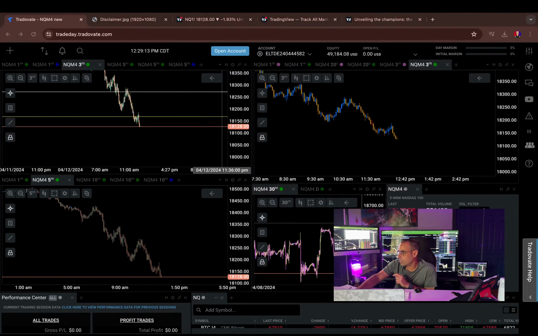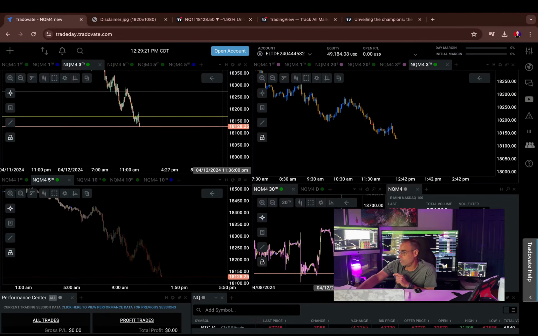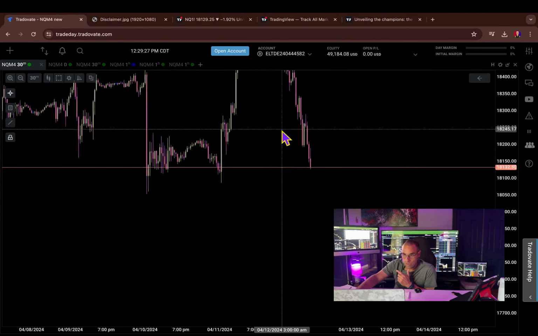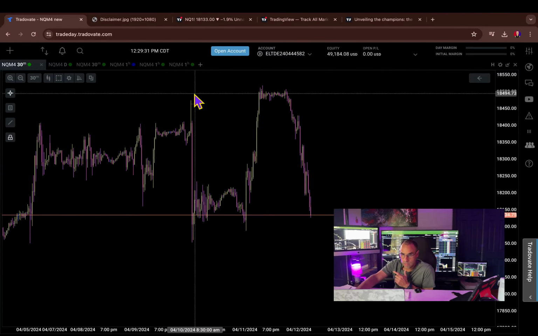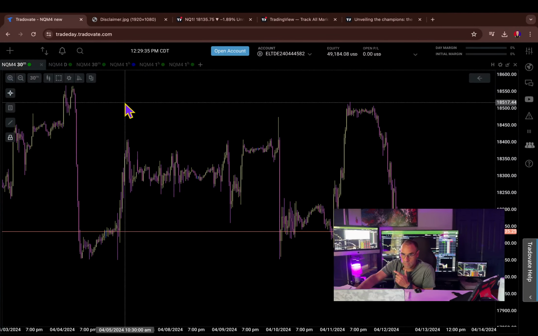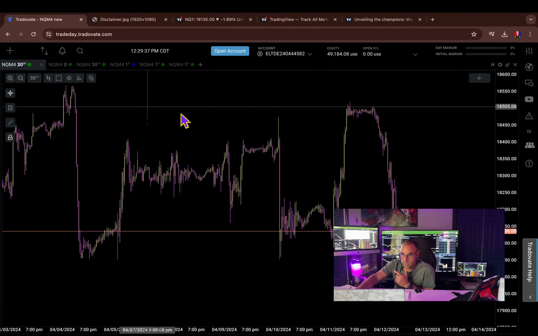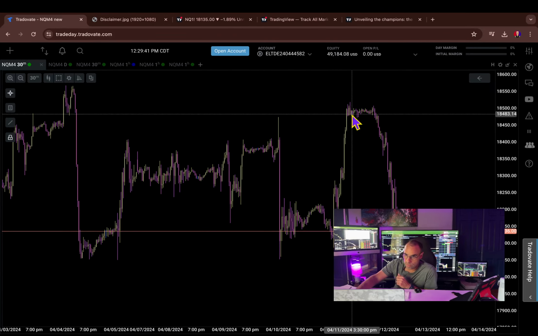Can you guys see my area? Yeah, you guys can see this area. But today, it could be a bit of a reversal. So on the 30-minute, we have the break of this high, tapped into the area that we like to short from, or that we're trying to pay attention to short from.